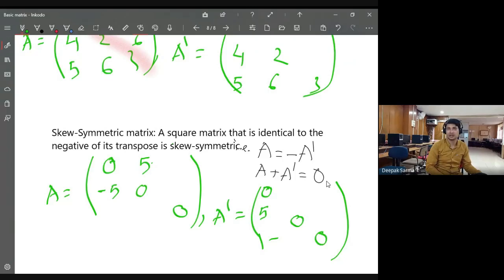Got it? If any number in 1, 2 position is 5, then in 2, 1 position, the corresponding element must be minus 5. Because only then, while we take transpose, I get A plus A transpose equal to 0. Is it? So similarly, if I have suppose 6 here, I must have minus 6 here. So because A is equal to negative of A transpose, I must have something like this. Suppose 7 here, it is minus 7.